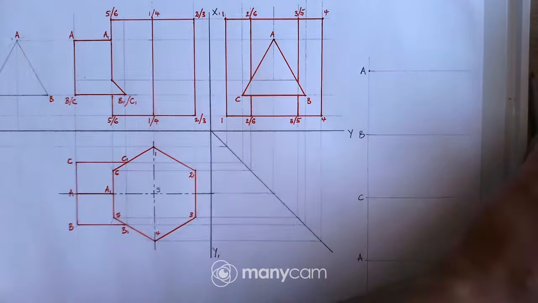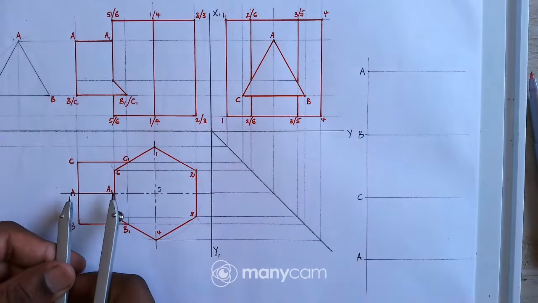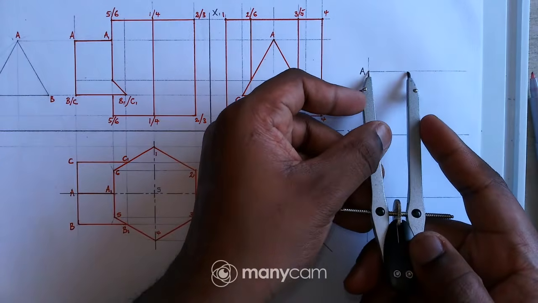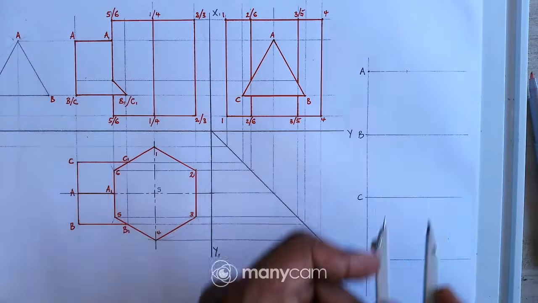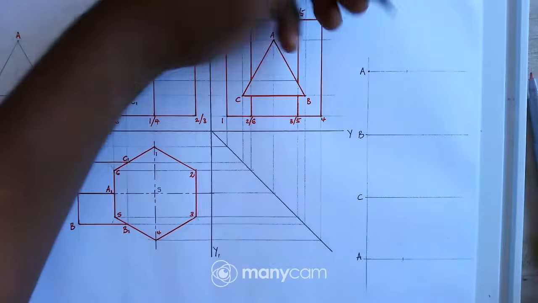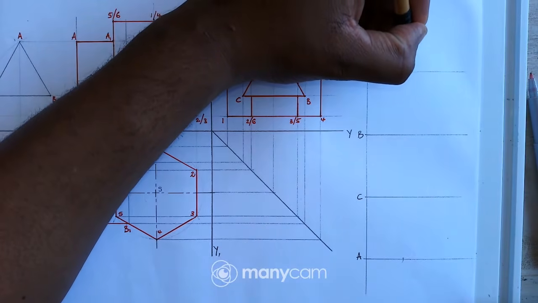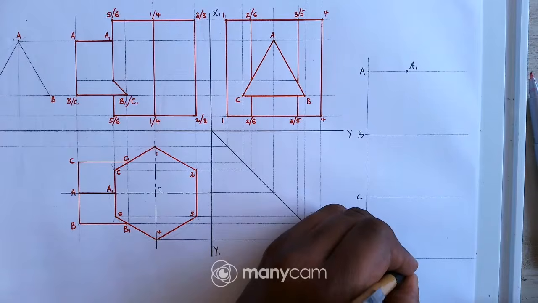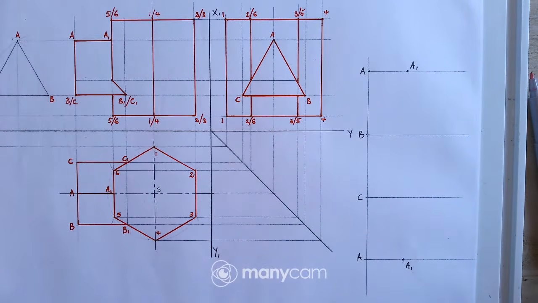So I have to take that length and mark it this side. So A1 will be there, A1 will be there. So this is our point there. So this is A1, A1. Okay. And then I'll move to B.